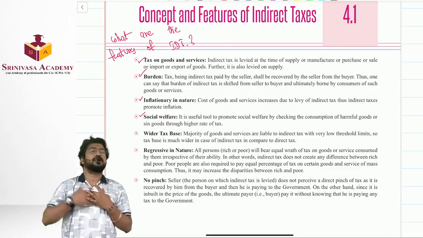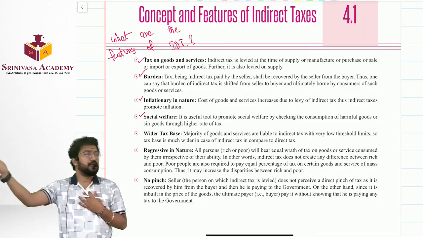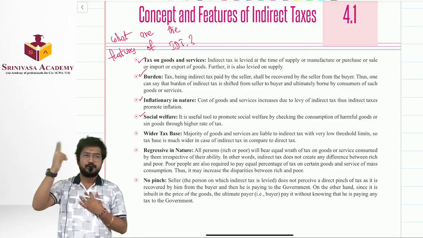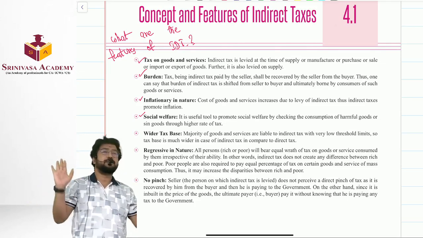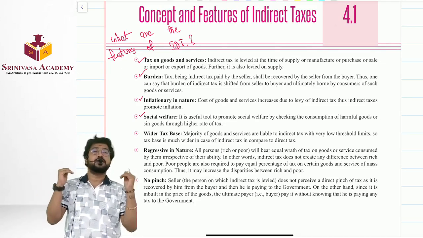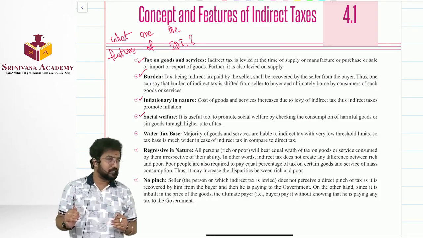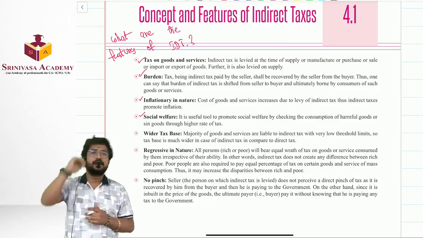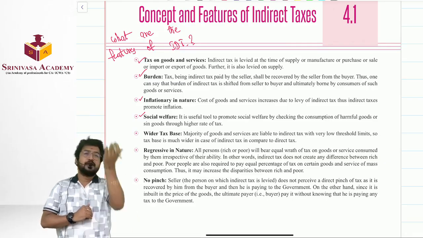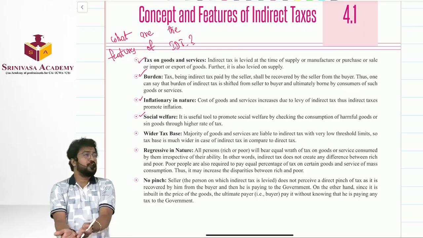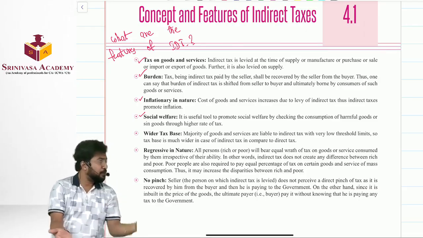Sir, generally people are spoiling their health by smoking. Okay, right. So let us not make them spoil their health. Let us demotivate them from consuming these things. So what should we do? Increase the taxes on tobacco, increase the taxes on liquor. If you increase the taxes, as we read in the previous point, inflationary in nature, prices will increase.